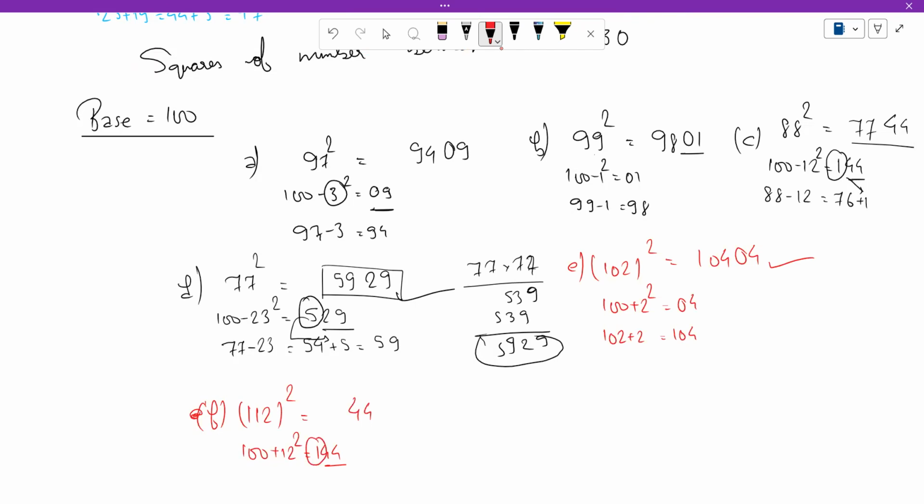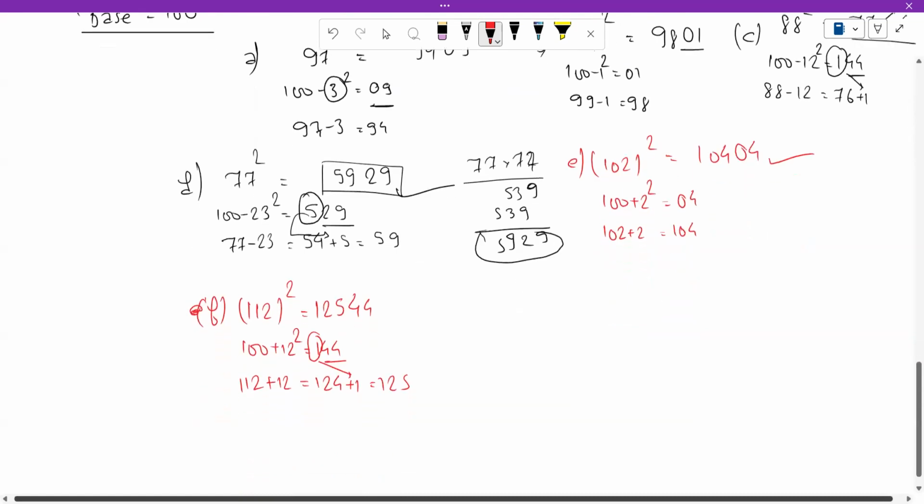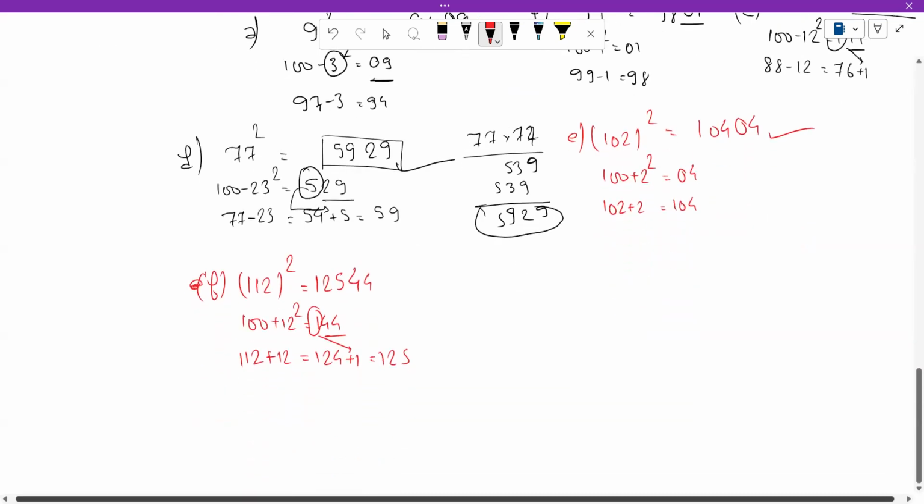Now it is 12 more than 100, so I'll add 12 with 112. So it is 124, and this one will carry over. So it will be 125. Your answer is 12544. Since I am explaining it now, this is why this is taking time.